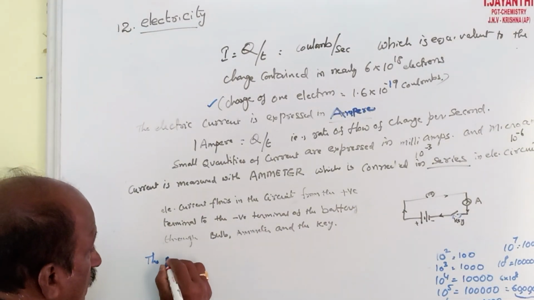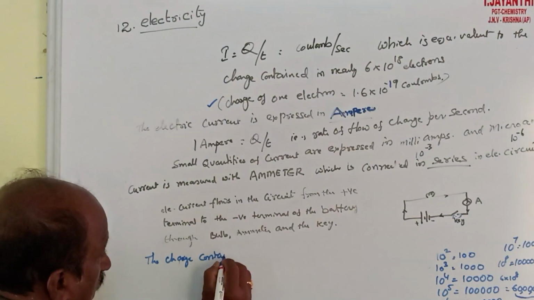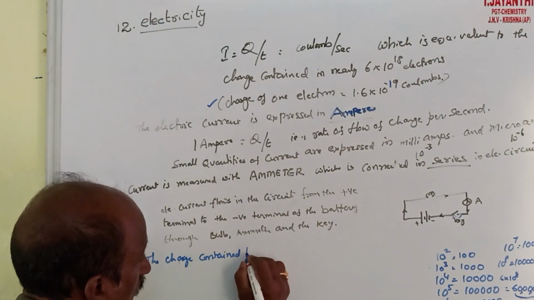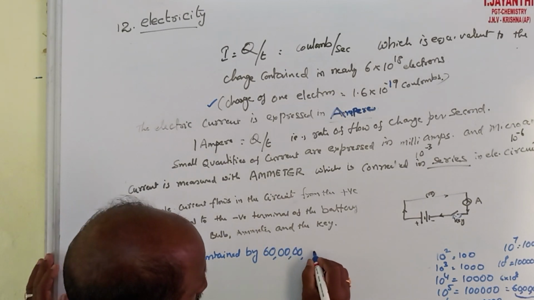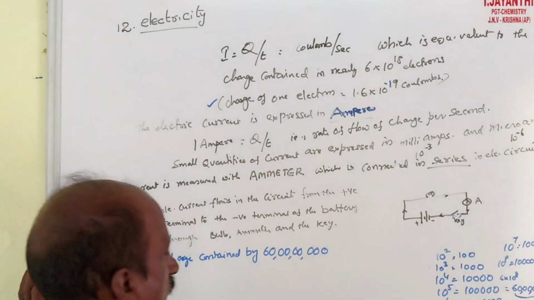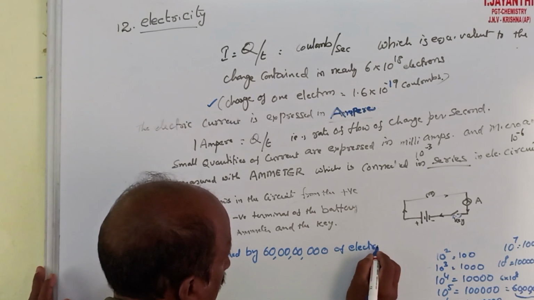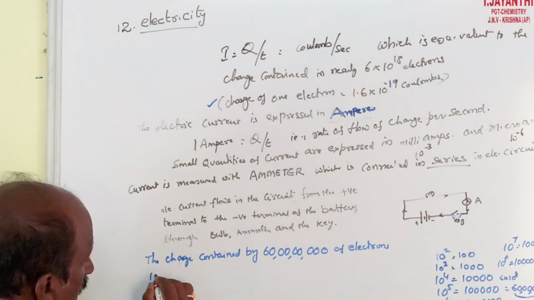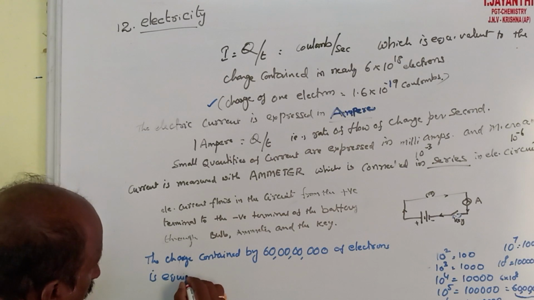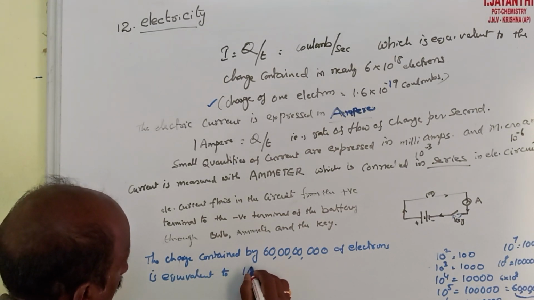The charge contained in 60 crores of electrons is equivalent to 1 ampere.